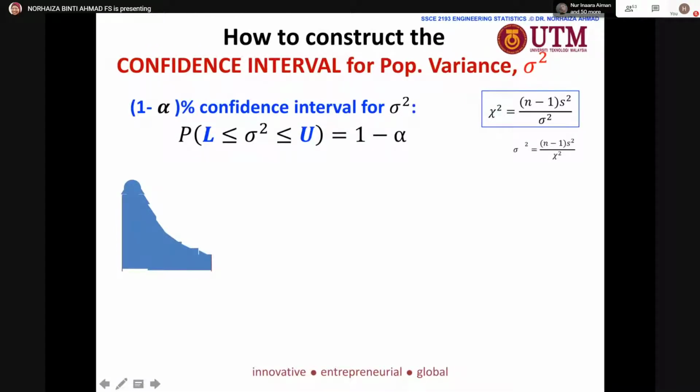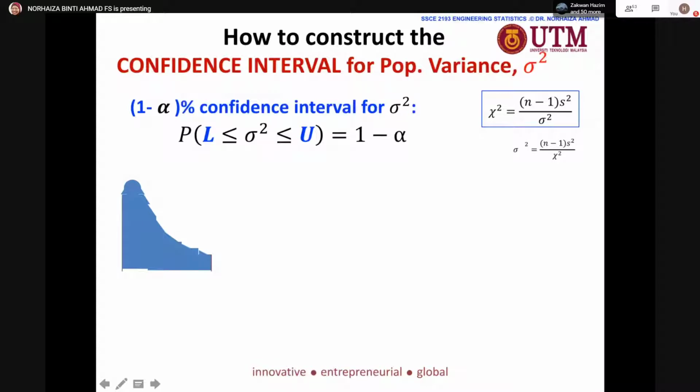So based on what you have learned so far, when you want to find the confidence interval for a parameter, in this case sigma squared, our aim is to find the probability of the parameter lying between these two limits, some lower limit and upper limit. And the probability of this to happen is 1 minus alpha.